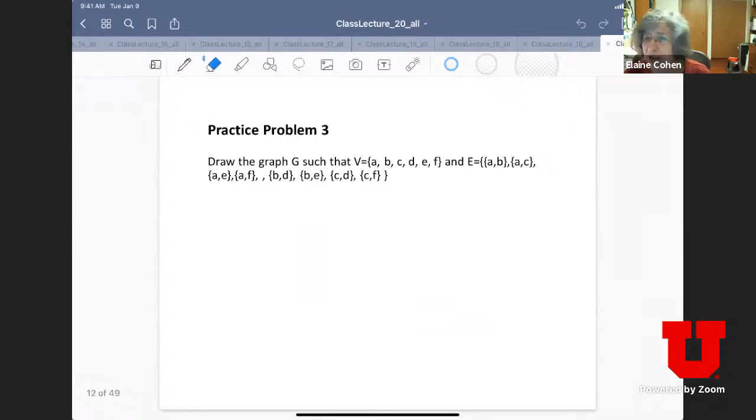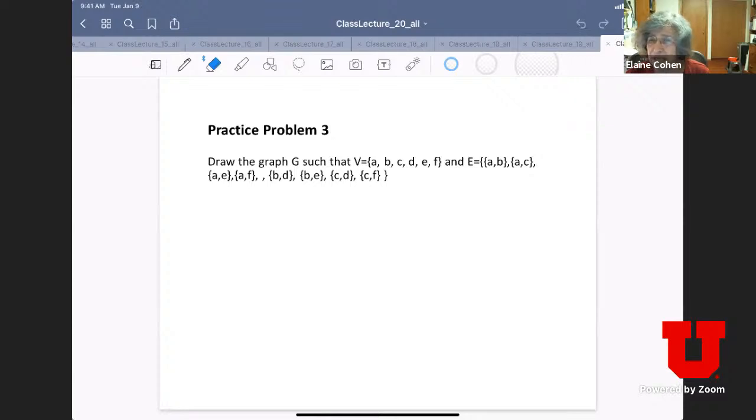Okay, so here's practice problem 3. I'm going to give you a minute to work on it and then we're going to proceed. So this says, draw the graph G with vertices A, B, C, D, E, F, and edges that connect A and B, A and C, A and E, and A and F, B and D, B and E, C and D, C and F. Okay, 6 vertices, 1, 2, 3, 4, 5, 6, 7, 8 edges.